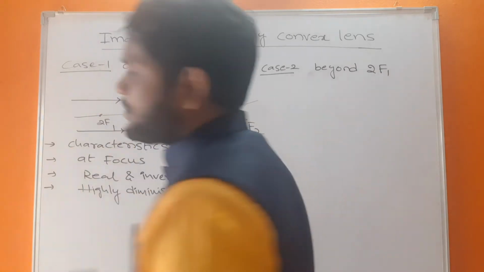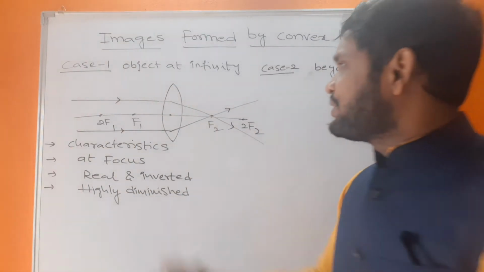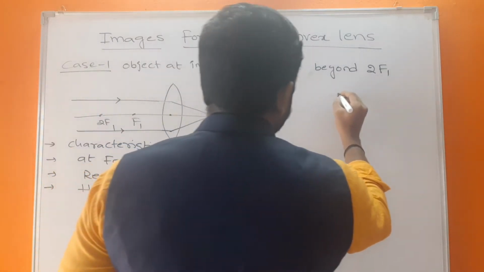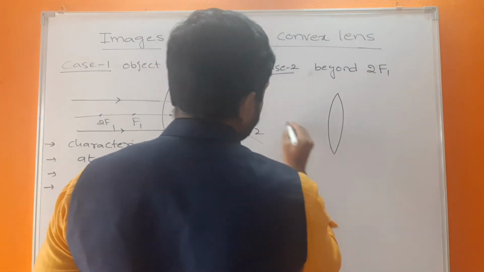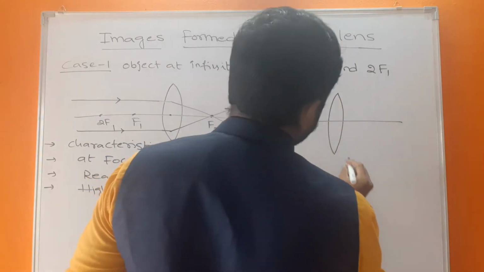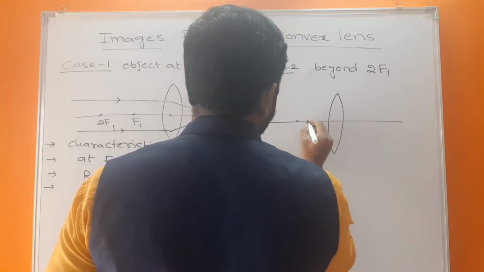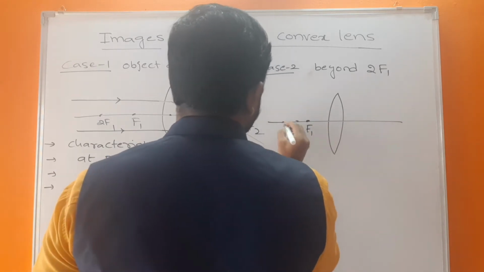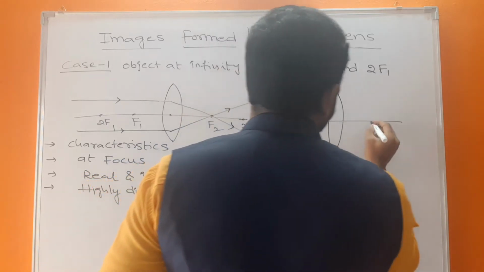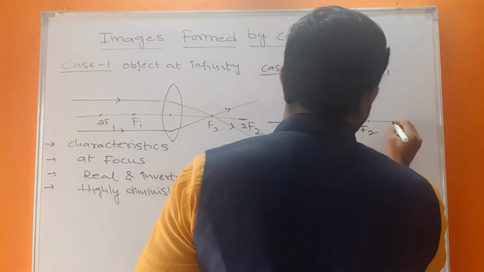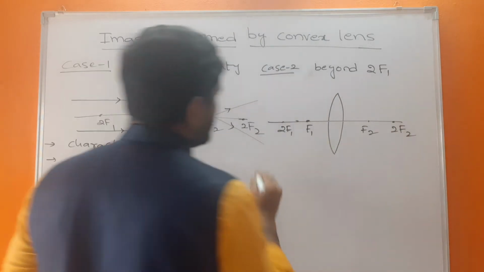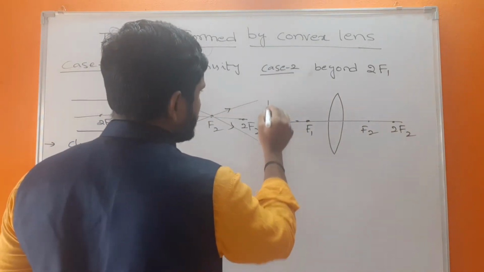On the principal axis we have F1, 2F1, F2, 2F2. So let's place object AB behind 2F1.